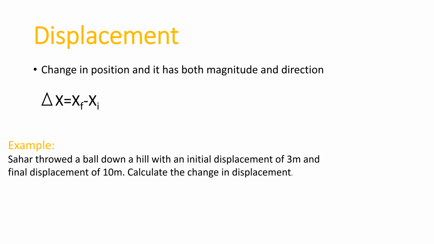Sarah threw a ball down a hill with an initial displacement of 3 meters. They gave us the initial displacement, which is 3 meters, so we will highlight that, and a final displacement of 10 meters. So they want the change in displacement.